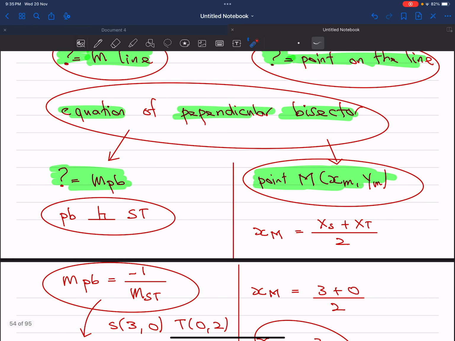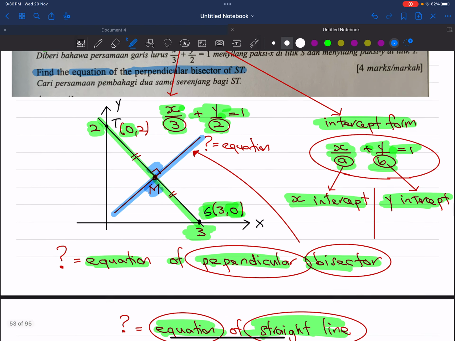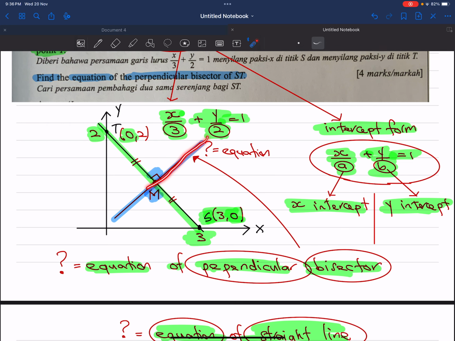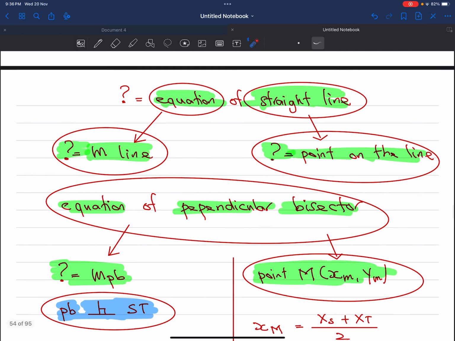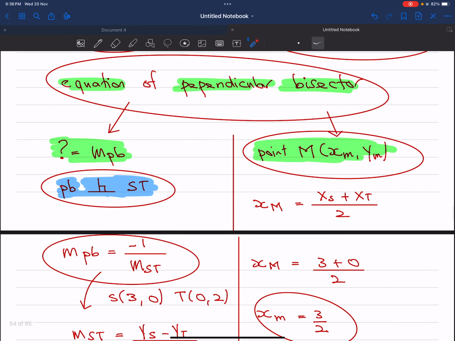We do one by one. Now to find the gradient of the bisector, remember that the bisector is perpendicular to the line ST. And we already learned from the notes, when two lines are perpendicular, the gradient of one line is negative 1 over the gradient of the other line.